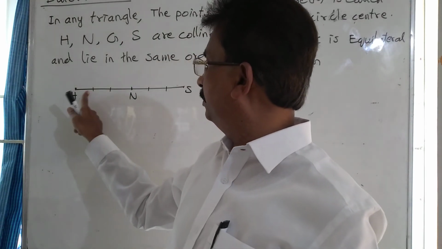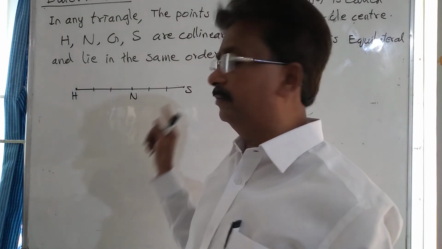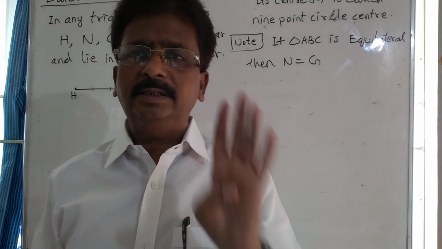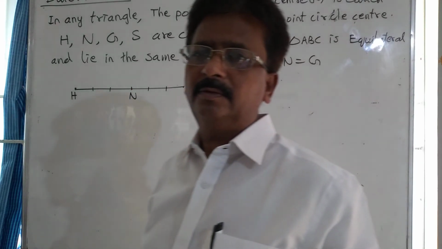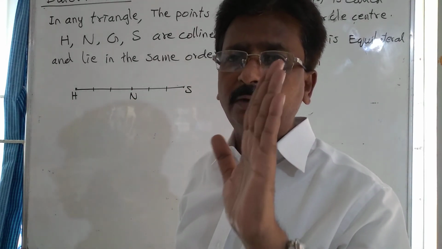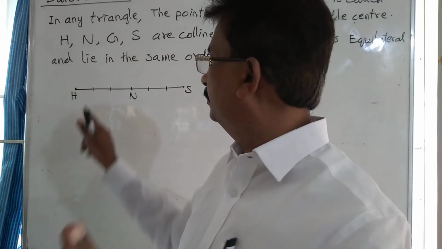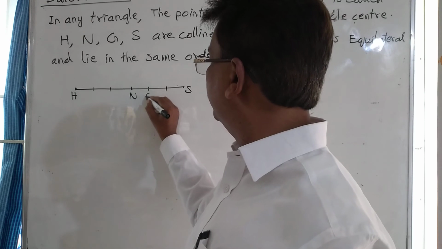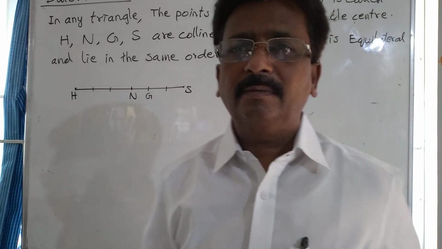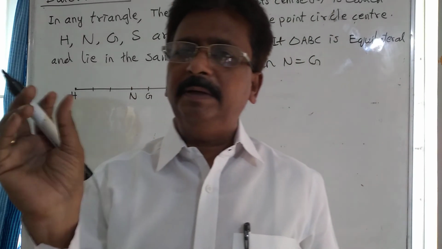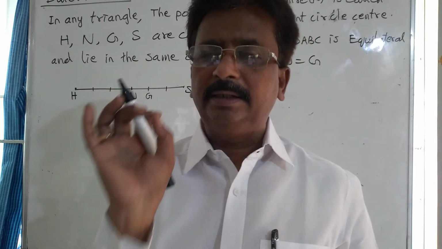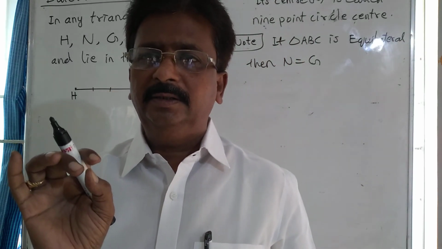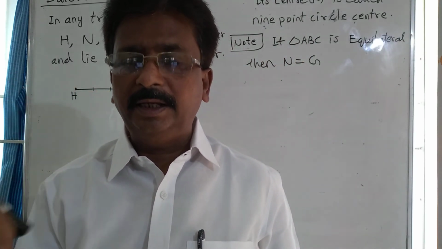How many units are there? 6 units. After 4 units from H, 1, 2, 3, 4, here G lies. The distance between N and G is 1 unit. So N and G lie like that.